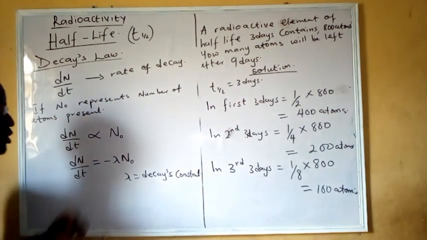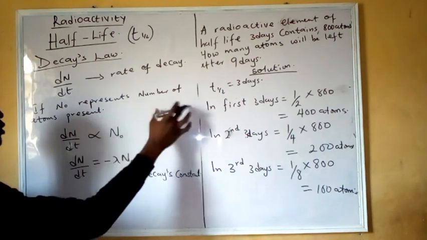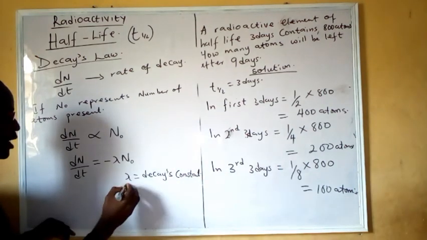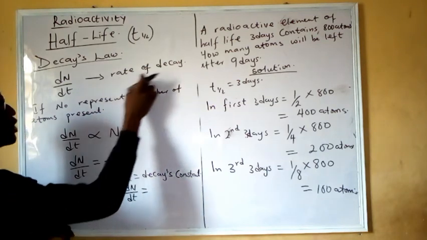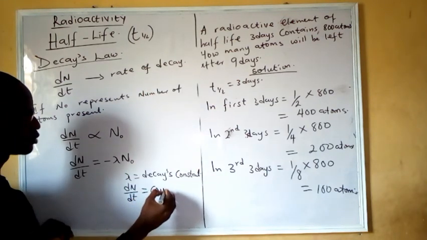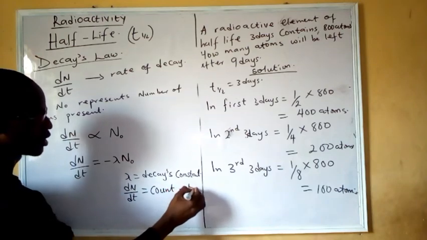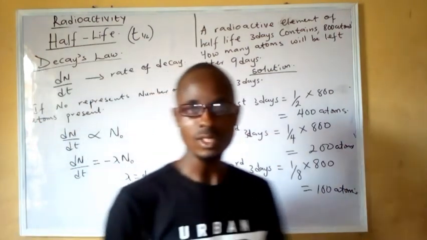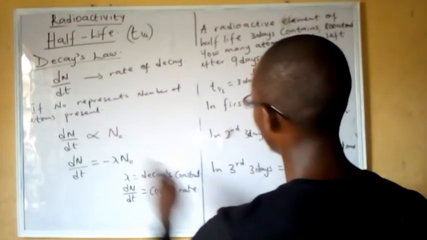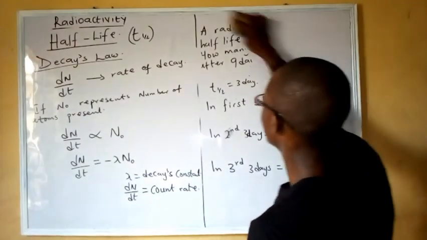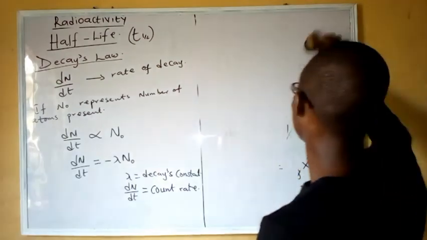So where N naught represents the number of atoms present, then dN/dt is called the rate of decay, or you call it the count rate. So meaning that I can derive a formula for the decay constant.